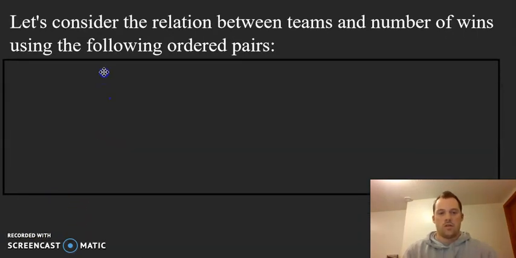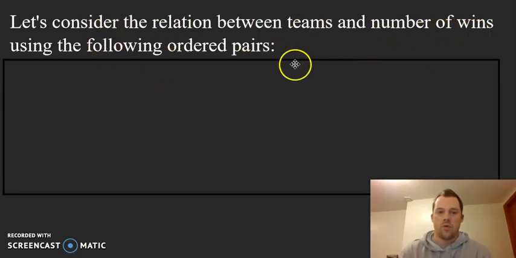So recall that a relation ties together the first component and second component, the domain and range. So if we consider the relation between the teams and the number of wins they had, teams is going to represent our domain, and number of wins is going to represent the range.